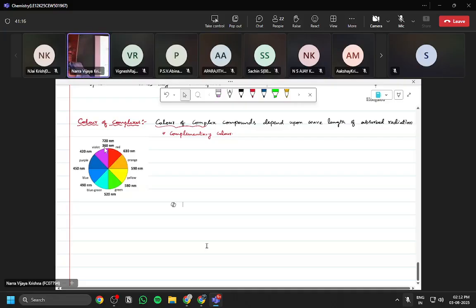What is the meaning of it? For example, a compound is absorbing radiation between 630 to 590. If this radiation is absorbed, then what is the color of that complex? Blue. If it is absorbing between 580 to 590, the yellow region, then you will see it as purple. If it is absorbing bluish green, red. Clear? All right. In the same way, in NCERT also they have given one table.